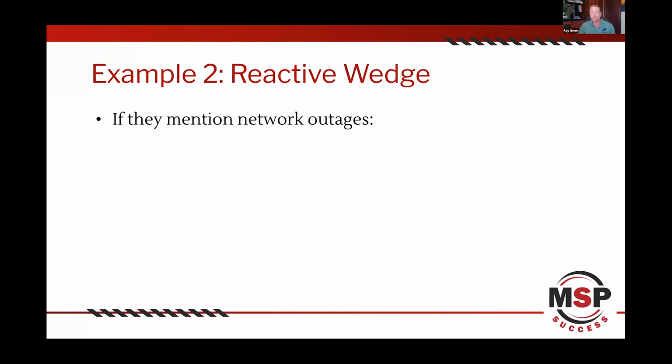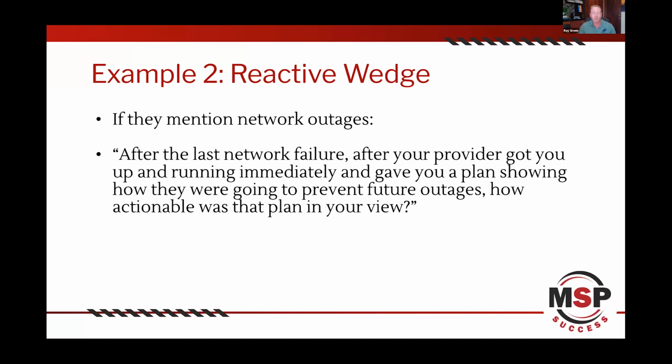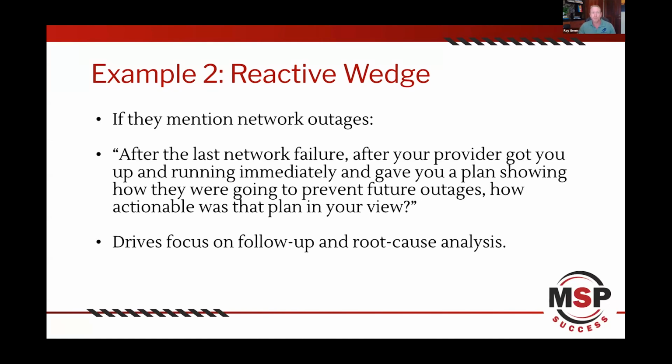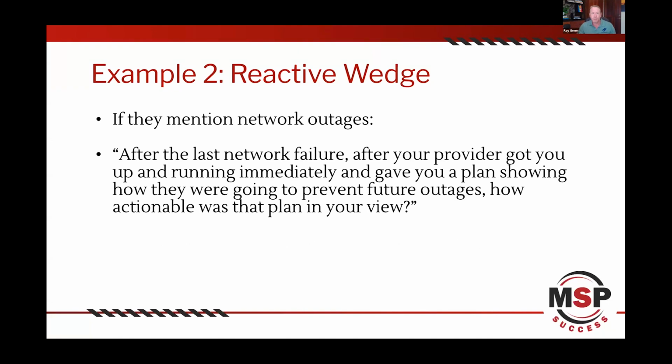Okay. A second example here. If they mention network outages, I'm sure you've heard this before. It's something similar. It's, okay, after the last network failure and your provider got you up and running, I'm sure immediately, they gave you the plan showing how they were going to prevent those future outages. How actionable was that plan in your view? How did you feel about that plan? I'm not asking about the network.